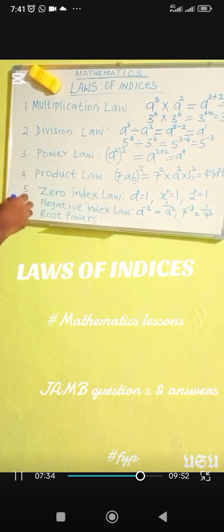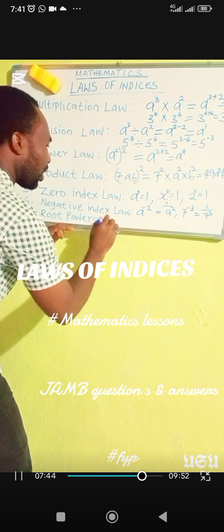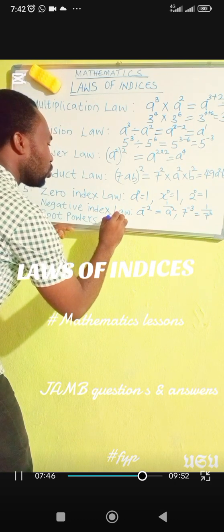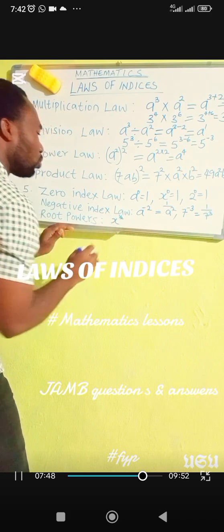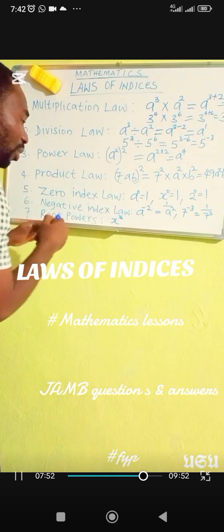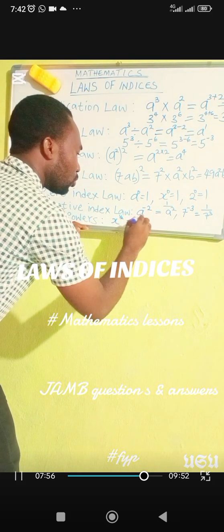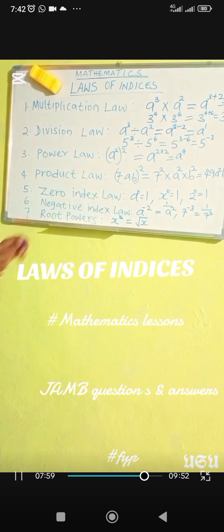The last law is the root powers law. What does it say? It says that if x is raised to power 1 over 2, this is the same thing as saying root x.